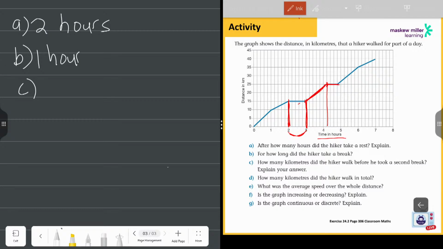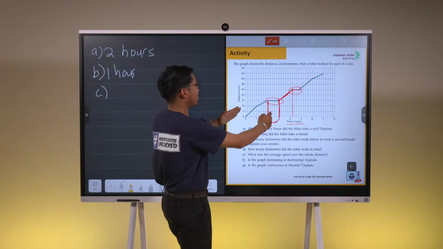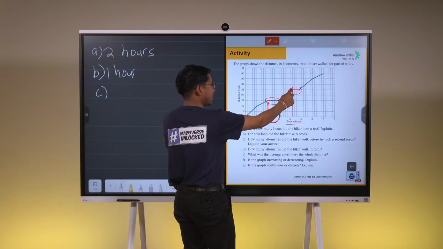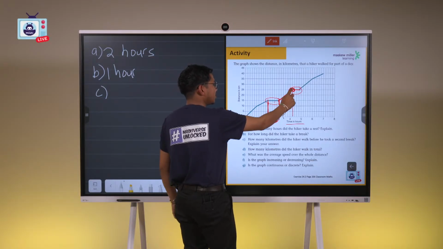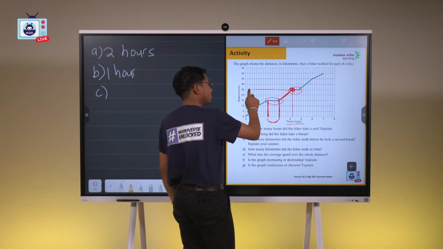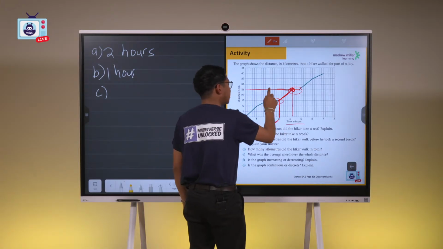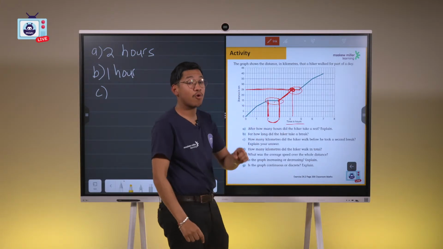Here's the first break. I'm going to circle it. Here's the first break. Here's the second break. We're interested in how many kilometers he has walked, which is what? The distance. So I look at my distance over here, and then I'm going to go here, and I can see here, at this point, this is when he took the second break, and that corresponds with 25. So he has walked 25 kilometers in total before he took the second break.